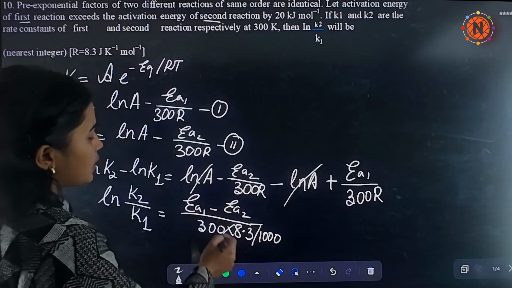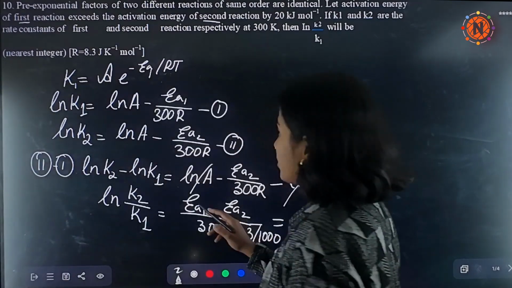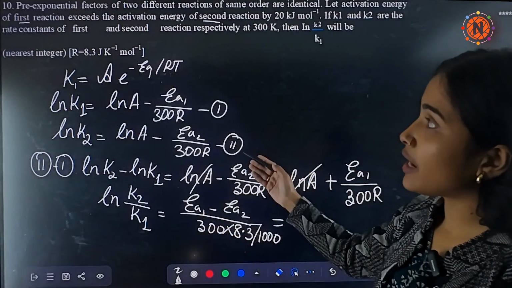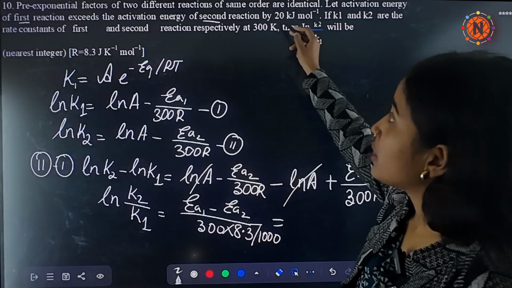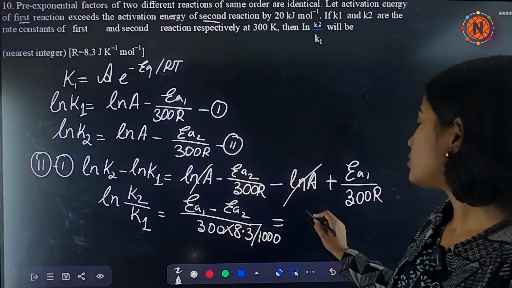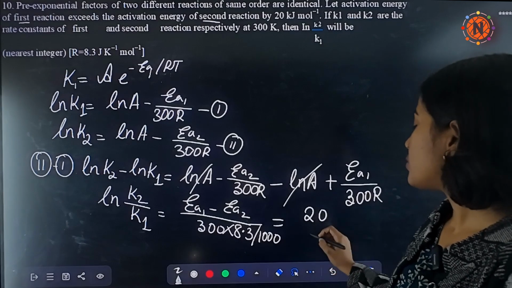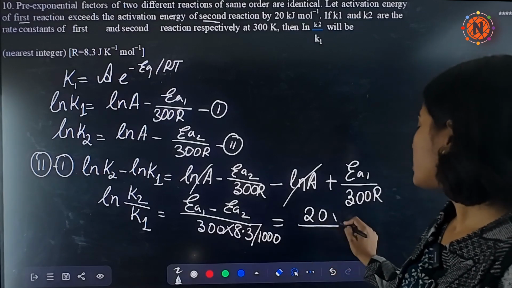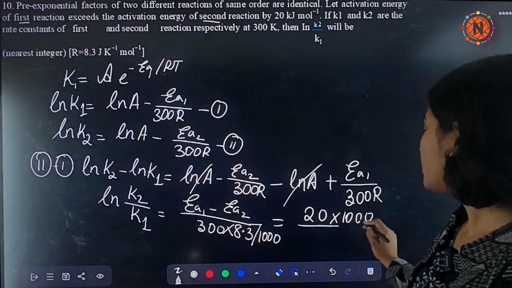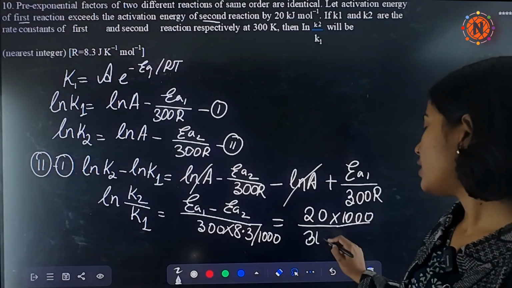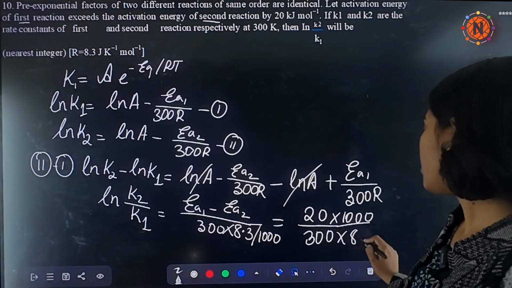Okay. Here the difference, that is the first reaction exceeds the activation energy of second reaction by 20 kilojoules. So 20 kilojoule exceed, it is done. That means 20 divided by 300 into 8.3.